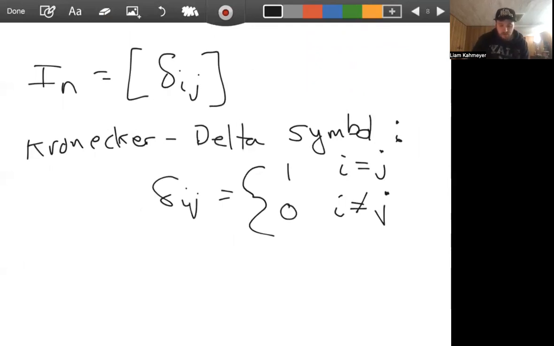And so this would exactly give us the identity matrix. I want to state a quick lemma here.